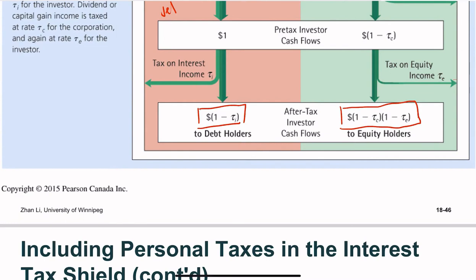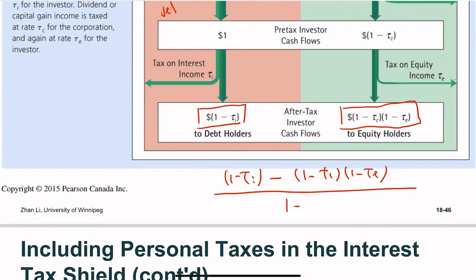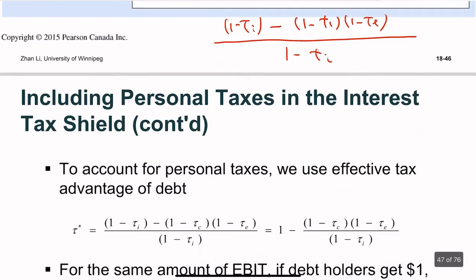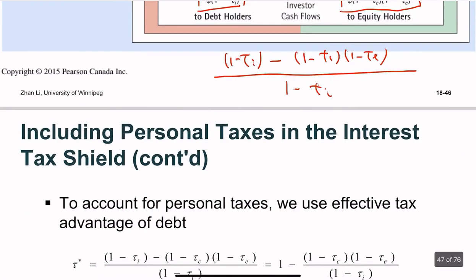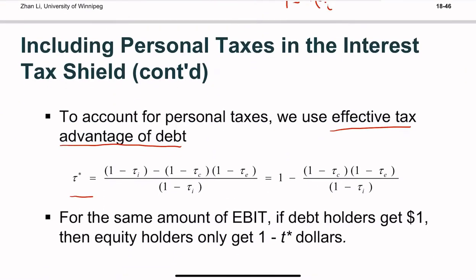That is, you will use 1 minus TI, the cash flow from the interest income, minus 1 minus TC times 1 minus TE, the after-tax cash flow from the equity income, then divided by 1 minus TI. Right? So we call this measure the effective tax advantage of debt. This is the formula here.